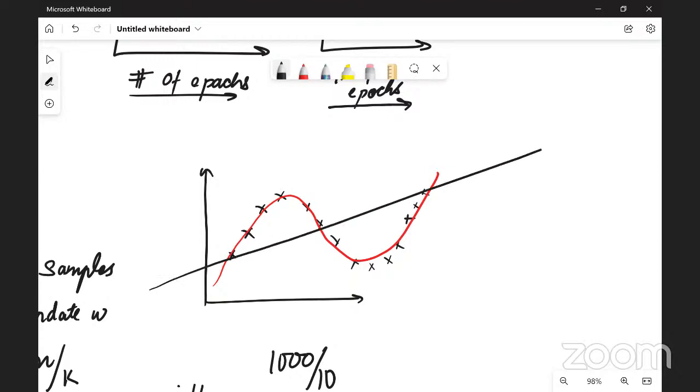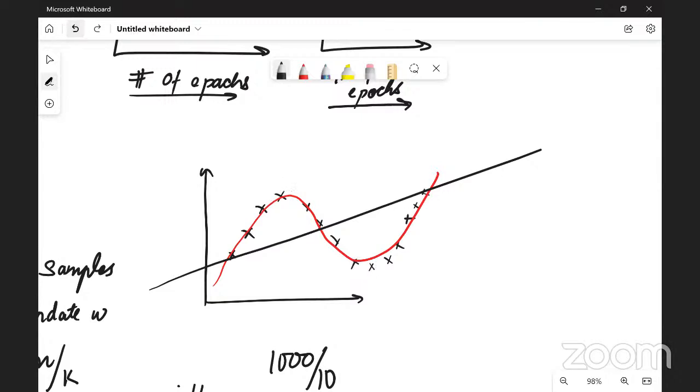Swarnim, how are you defining the ideal, is it the number of curves or the nature of the curve? Ideal means it is going to provide you the lowest loss, not underfitting, not overfitting. Nature of the curve also. If you look at this curve, you will see that there are two inflection points.